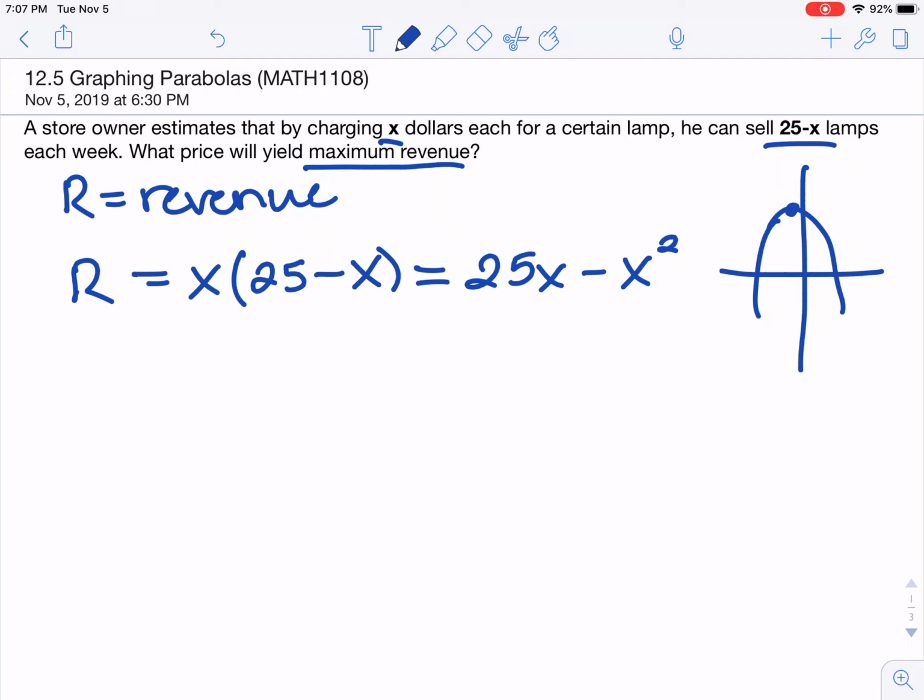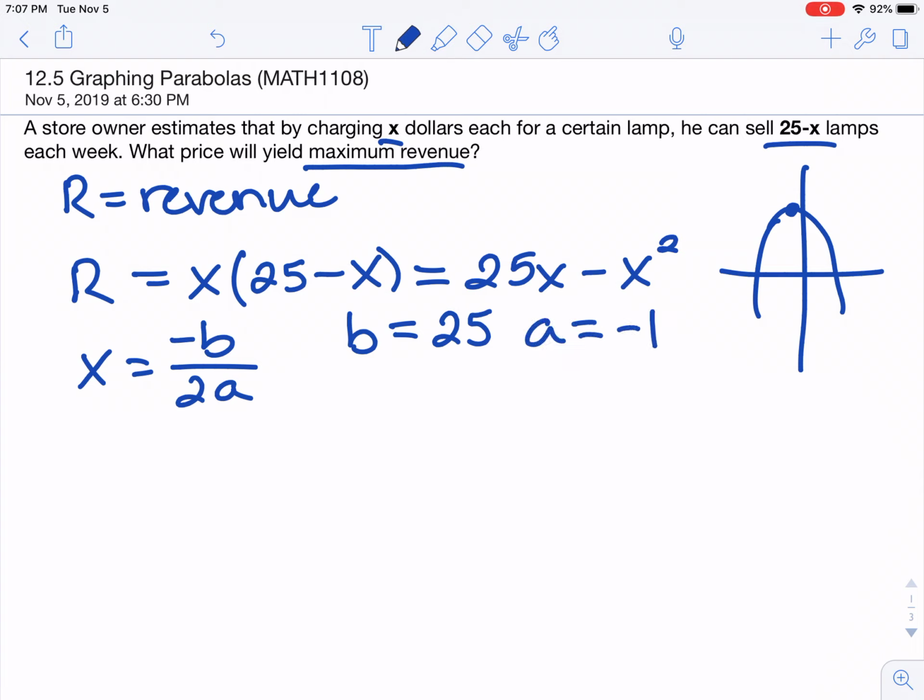So if we're looking for the vertex of this function, first thing we know is that the x-coordinate of the vertex of any parabola is going to be equal to negative b over 2a. And in this problem, looking at our quadratic, b is going to be equal to 25, and a is going to be equal to negative 1.